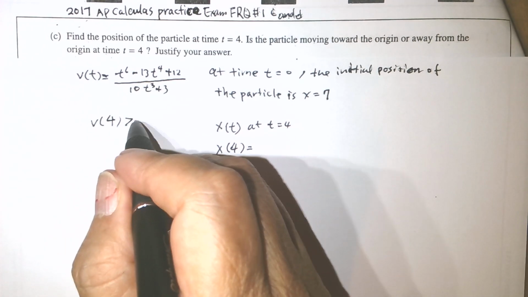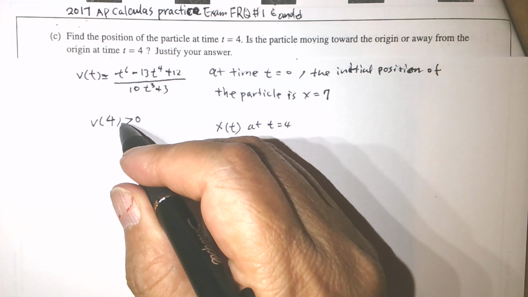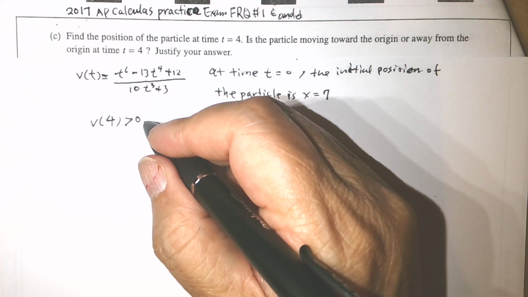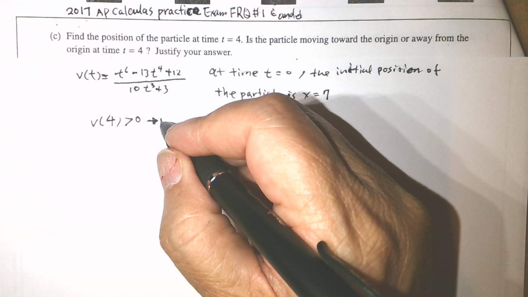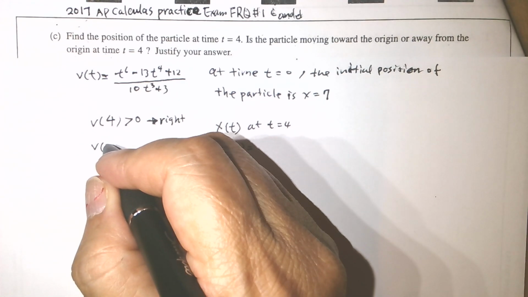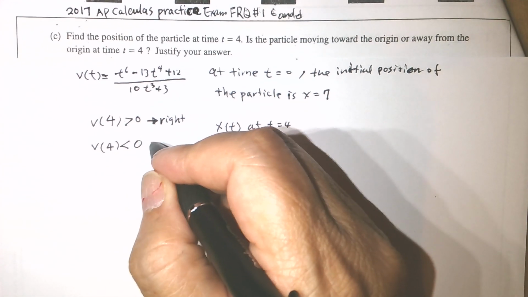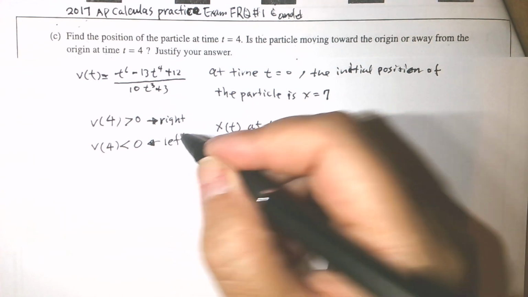If it's positive, greater than 0, then the particle moves to the right. If the velocity at t equal to 4 is less than 0, then it moves toward the left.